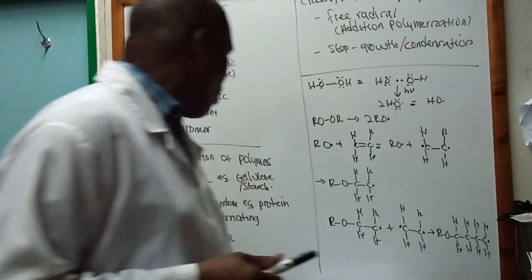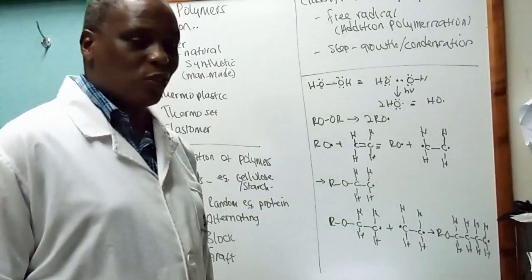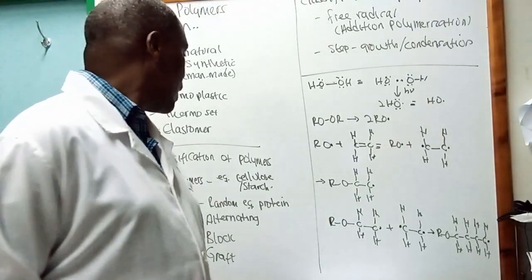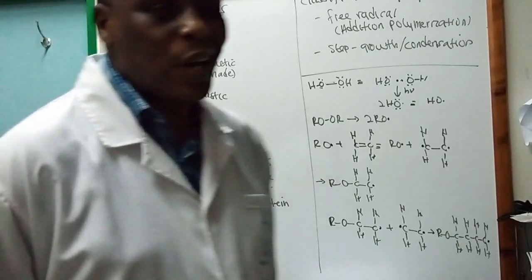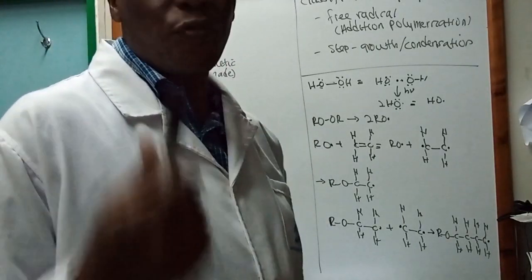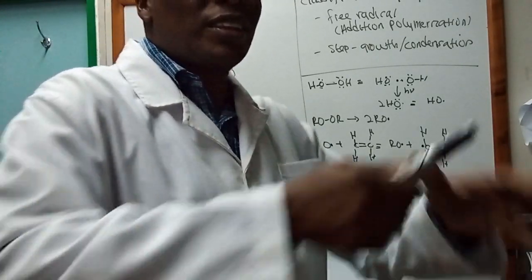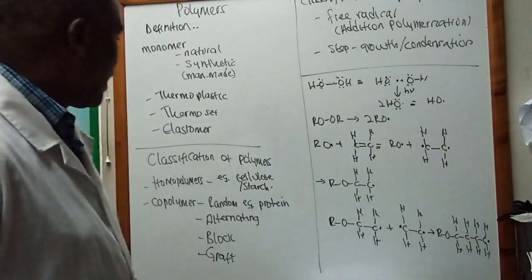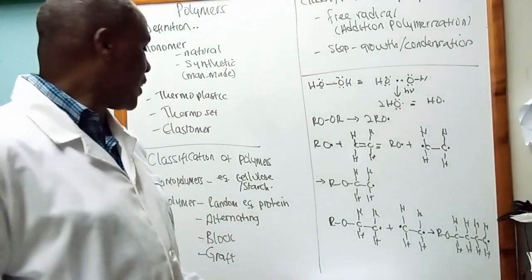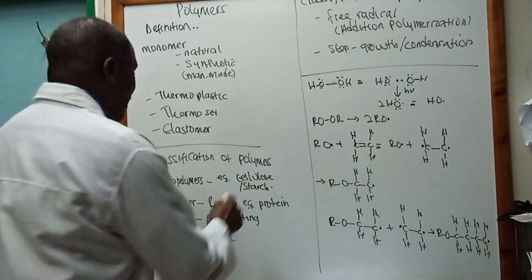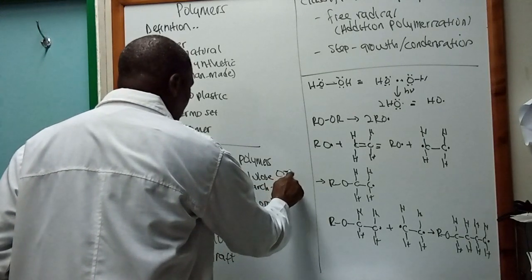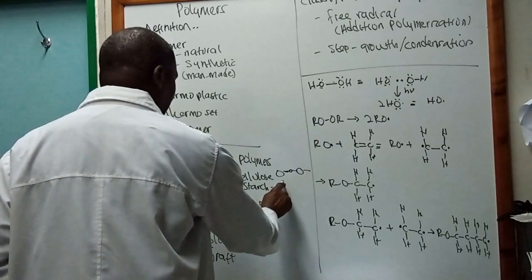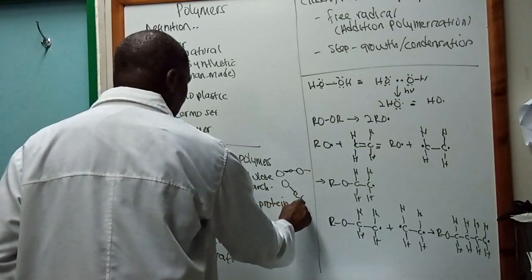I've given an example of what we found in the topic called carbohydrates. Cellulose and starch are made up of glucose as the repeating units. Depending on how it is joined, you need to get back to the notes: in cellulose the glucose is joined through a glycosidic bond in a horizontal manner, as opposed to starch, which is joined vertically.